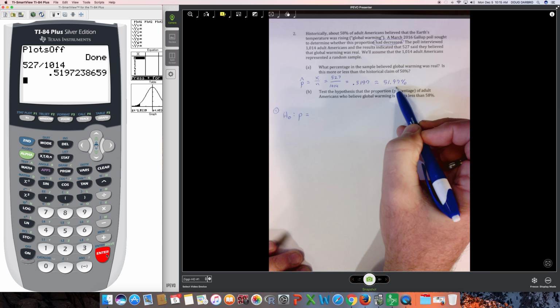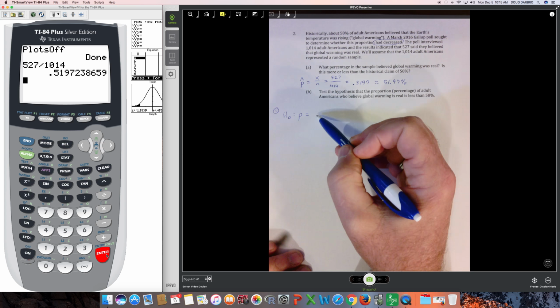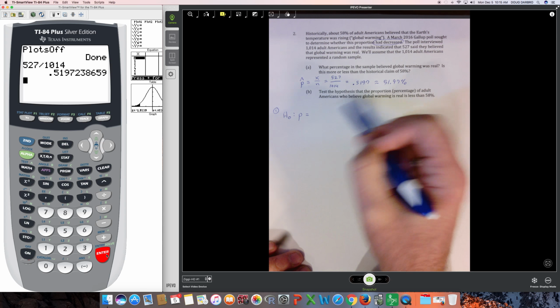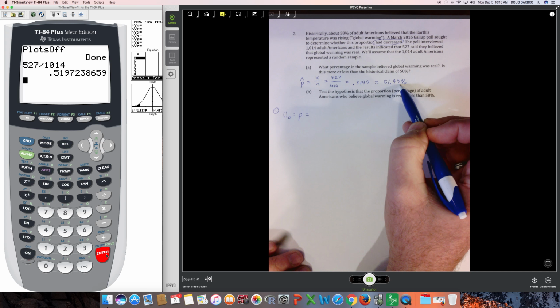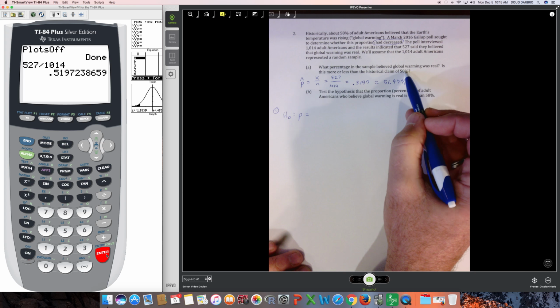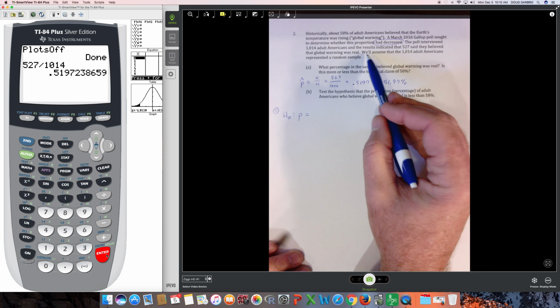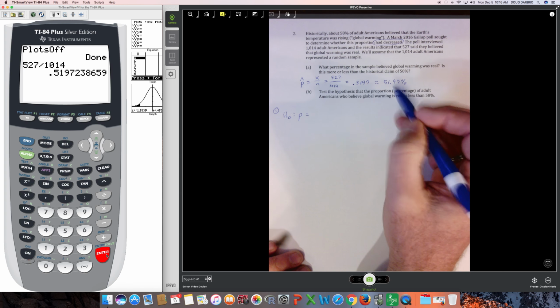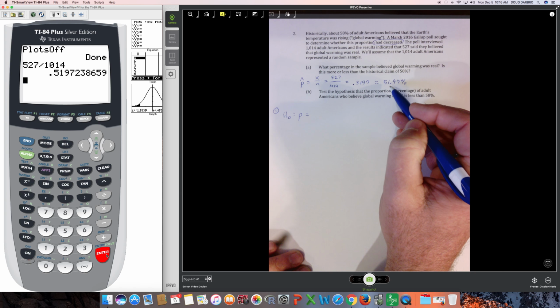Guys, if you think this is what I put there, we are not connecting. We are making a statement about the population parameter in our null and alternative hypotheses. I don't need to test that my sample is 51.97. I know it is. I wouldn't even need to test this if I could go out and question all 200 million adult Americans, or however many adult Americans there are.